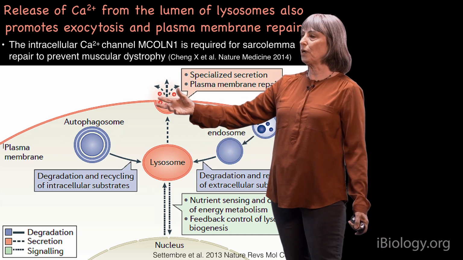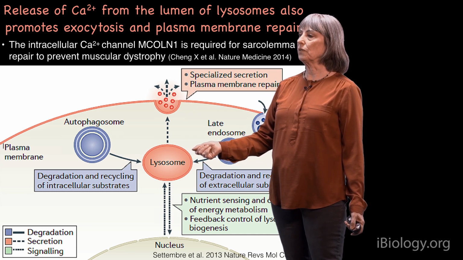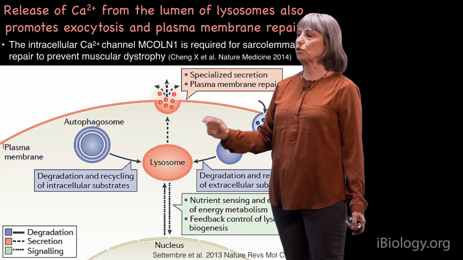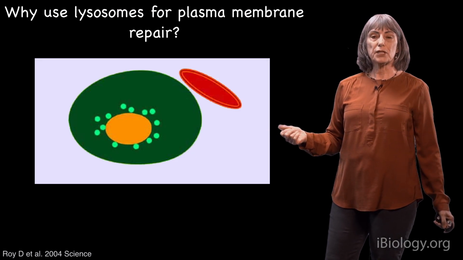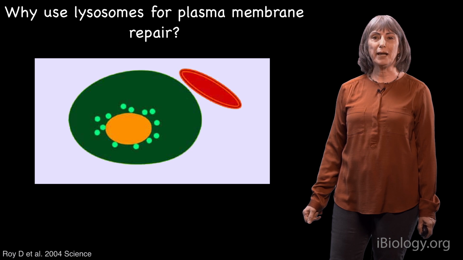And plasma membrane repair seems also to be one of the functions in which maybe this peripheral population of lysosomes in particular is involved. A question that I get very often when I talk about this is: why lysosomes, right?